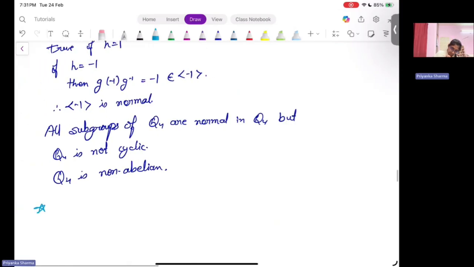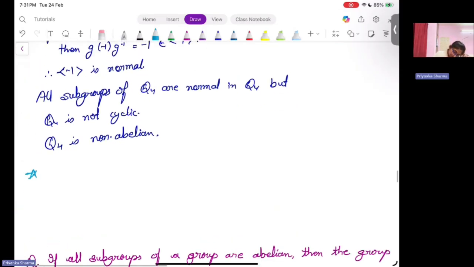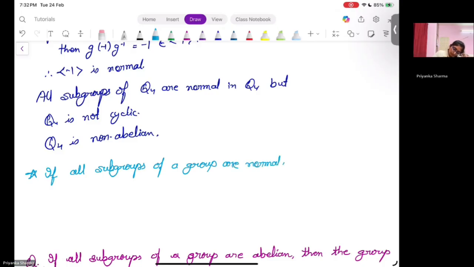So I'm writing it in a general way. If all subgroups of a group are normal, then G need not be abelian.